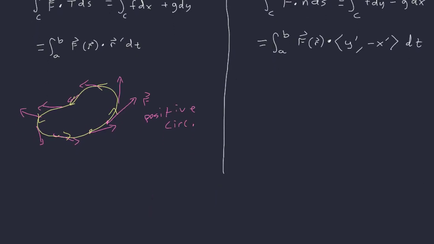Okay, if on the other hand, when we make our little path, and the vector field F is the entire time, say, pushing against the path, we're going to get a negative circulation.